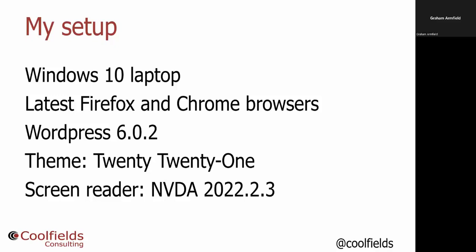And for my exploration, I used a screen reader, NVDA, which is a very popular screen reader on Windows machines. Screen readers are typically used by people who are blind, but also are used by people with cognitive impairments. Some dyslexics, people with ADHD also use screen readers to help them digest your website.